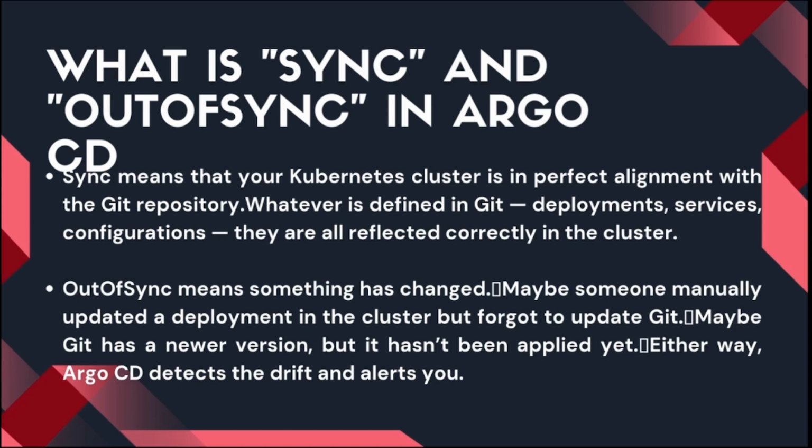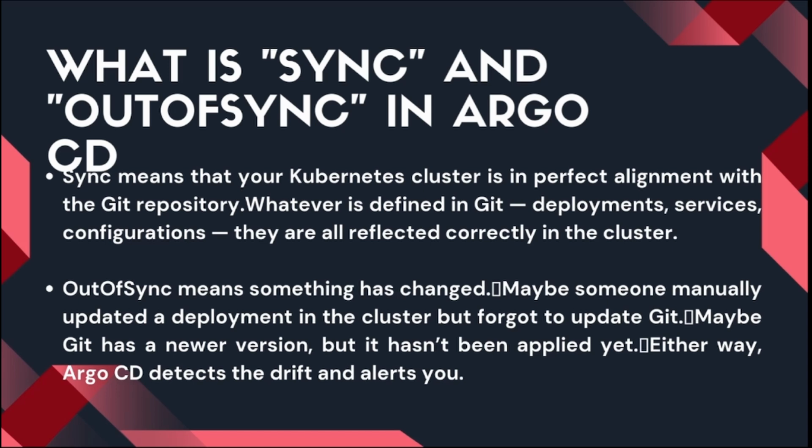Out of sync means something had changed. Maybe someone manually updated a deployment in the cluster but forgot to update it in Git. Maybe Git has a newer version but it has not been applied yet. Either way, Argo CD detects those changes and alerts you.